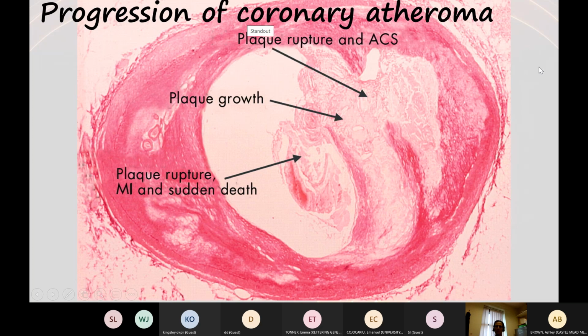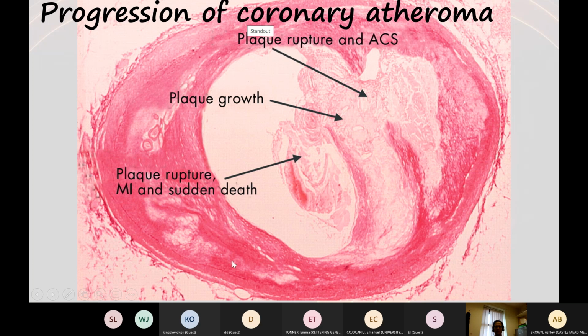Now, if we think about what happens when we have coronary atheroma progressing, you've got a cross section here through a coronary artery. And can you see that we have the lumen in the middle and we have the wall? And there are lots of different layers to this that I won't go into.